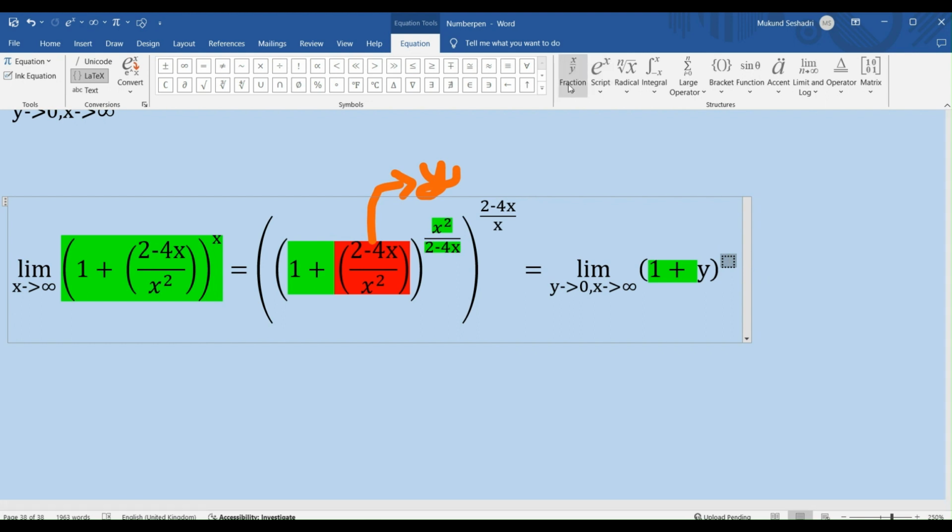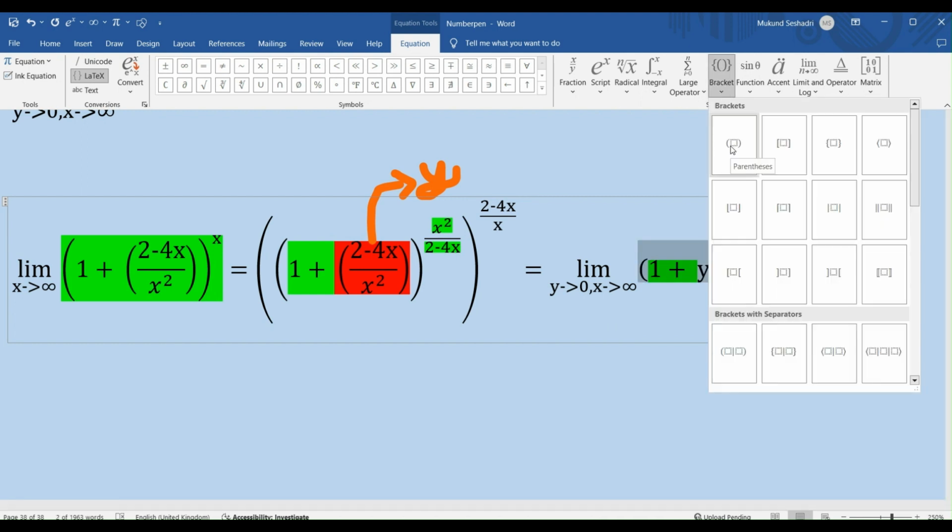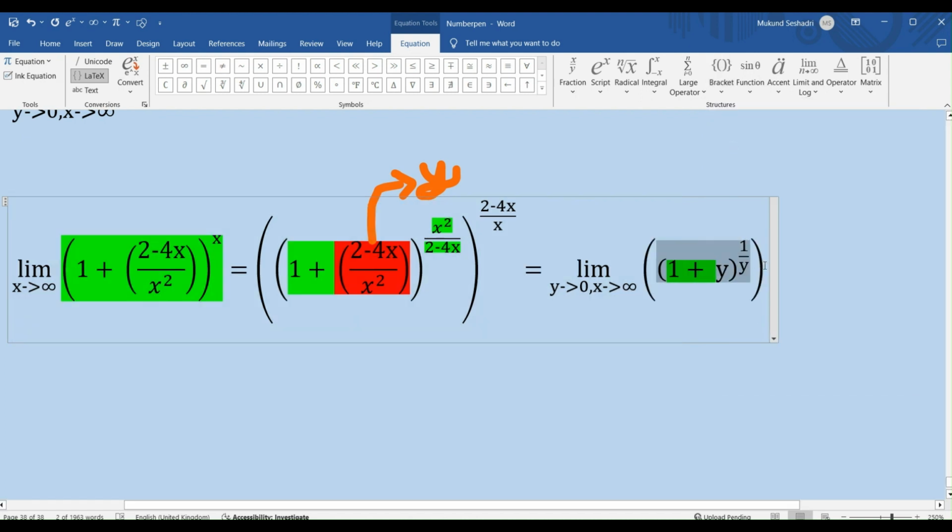So let me write out my 1 by y. And remember, I still have a component which I will write now, but I'm going to write that in a slightly different way that will help us move ahead and solve this problem.